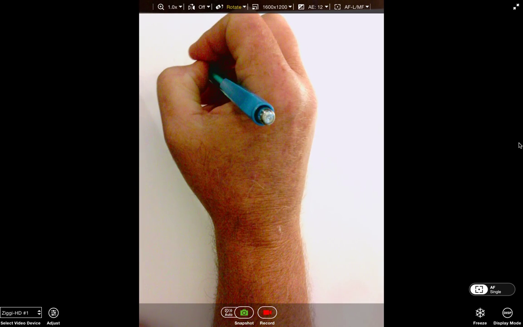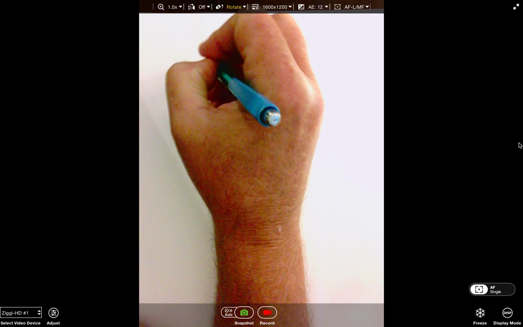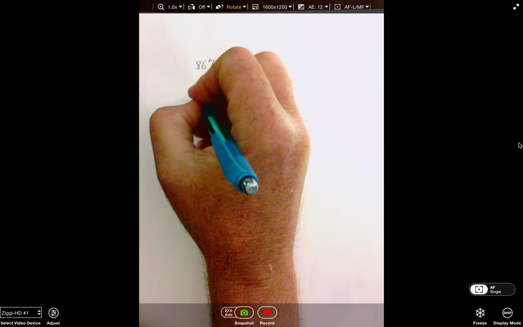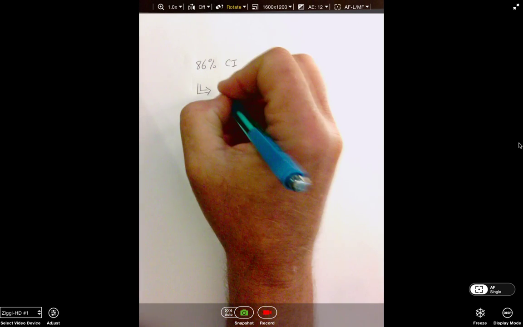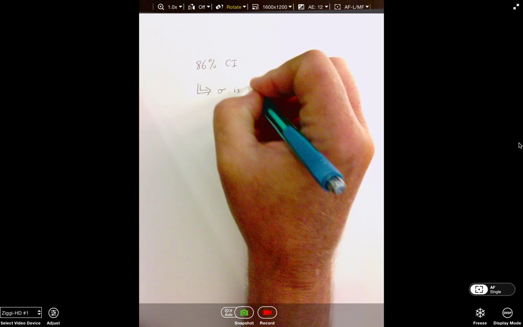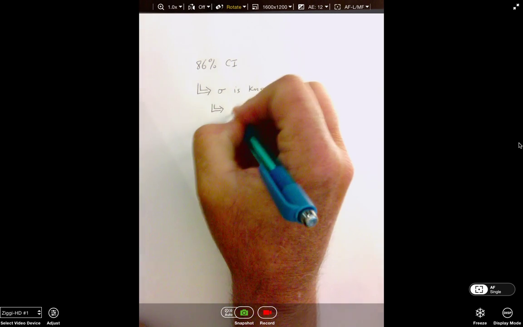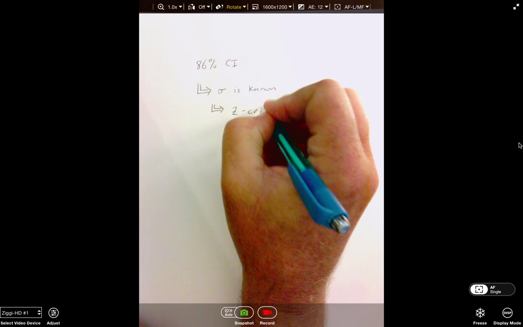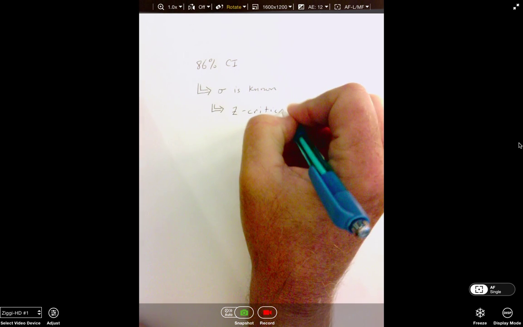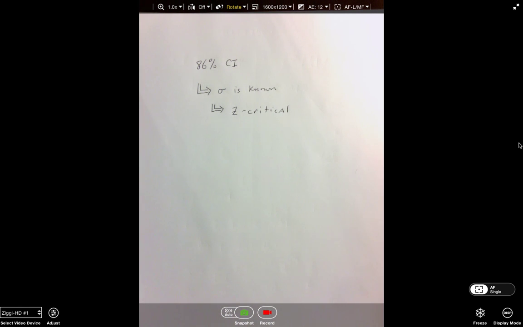So if we, for example, wanted to construct an 86% confidence interval, and the population standard deviation is known, then from the previous video, we would construct what's called a z critical.